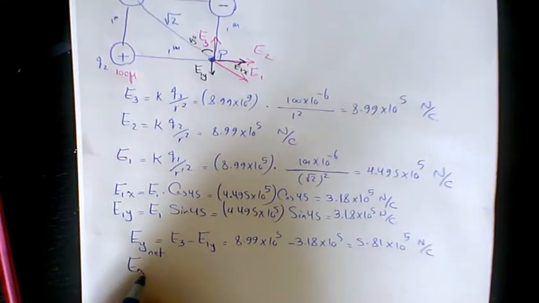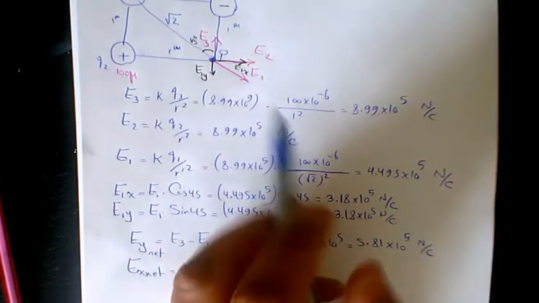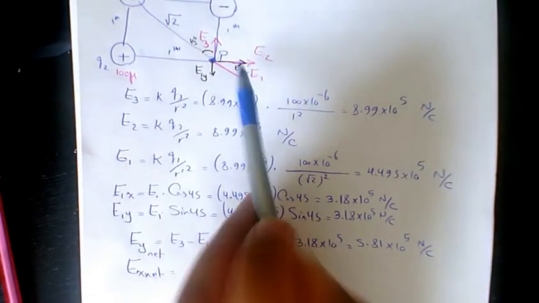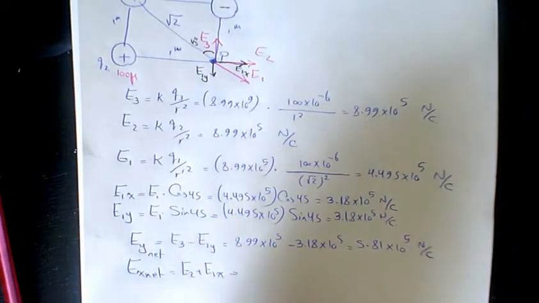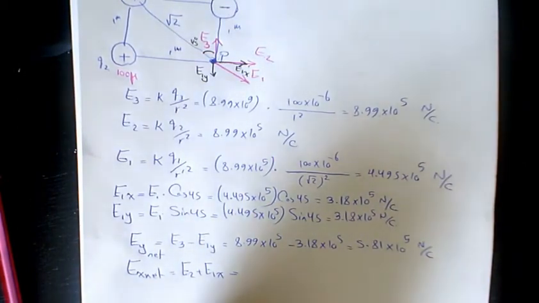And EX net is going to be the addition of E2 and E1x. E2 plus E1x.